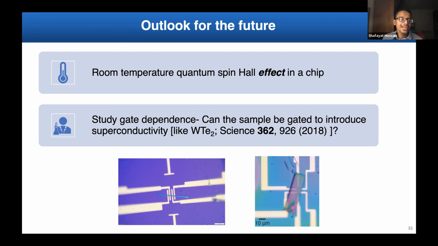So we try to gate them, and as soon as we apply some gate voltage, most of the time the sample burns. We do not know why, but we have learned that the insulating samples actually do that. There are many cases where the insulating samples die very quickly with the gate if there is some small leak or something.